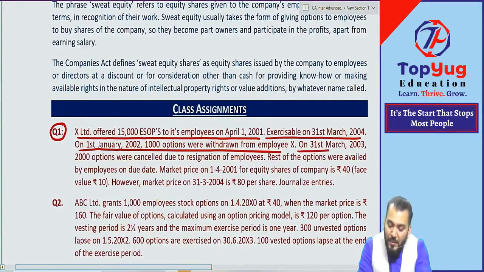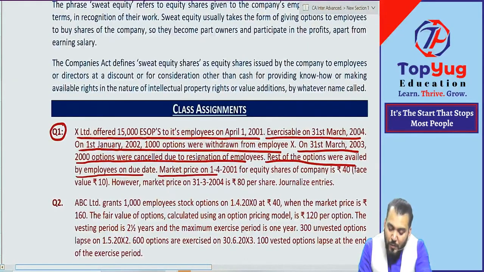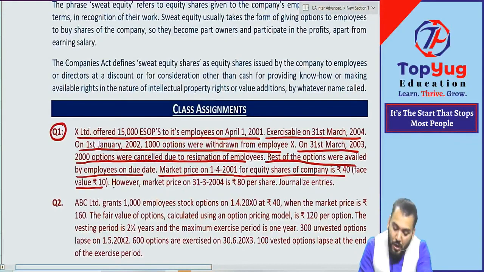On 31st March 2003, 2000 options were cancelled due to resignation of employees. Rest of the options were availed by the employees on the due date. Market price on 1/4/2001, means on grant date, for equity shares of the company is 40. Face value is equal to 10. Face value and fair value are different. Face value means nominal value. However, market price on 31st March 2004 is 80 per share. Pass the generalized entry.